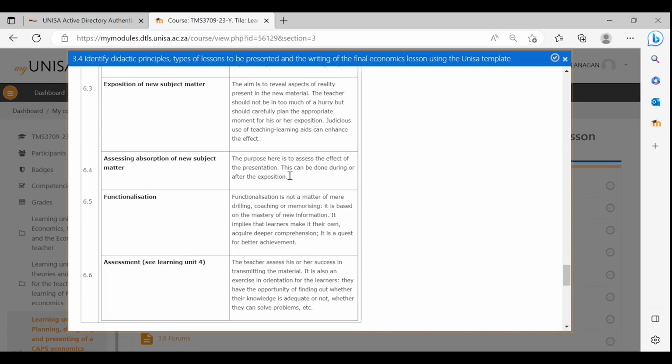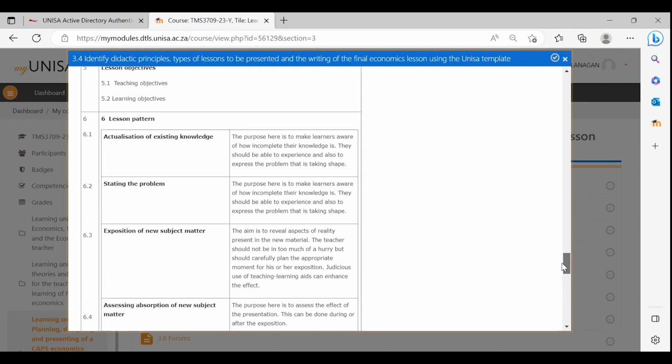what you need to have in your lesson plan is your assessment. The teacher assesses his or her success in transmitting the material. It is also an exercise in orientation for the learners. But as it is being said there in brackets, you will deal with assessment more in learning unit 4.